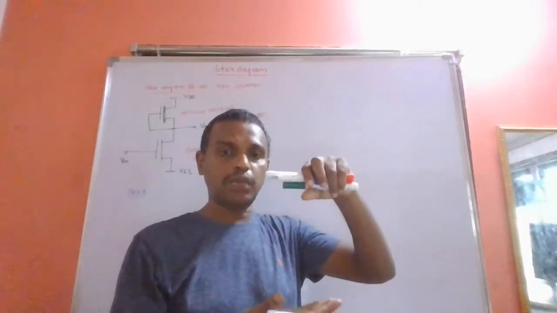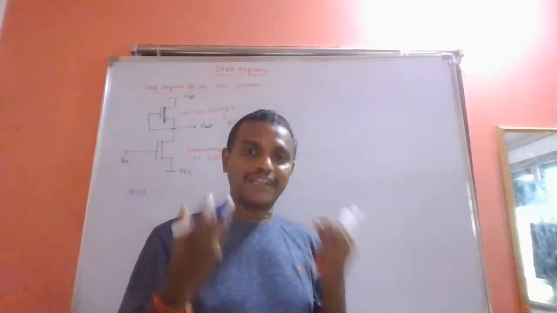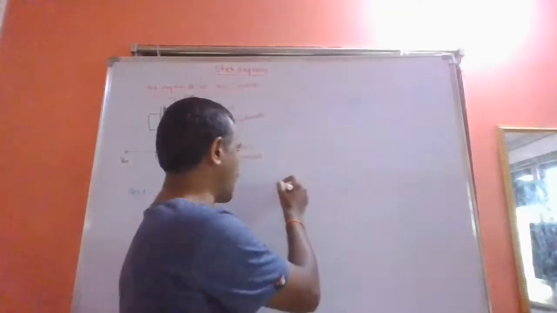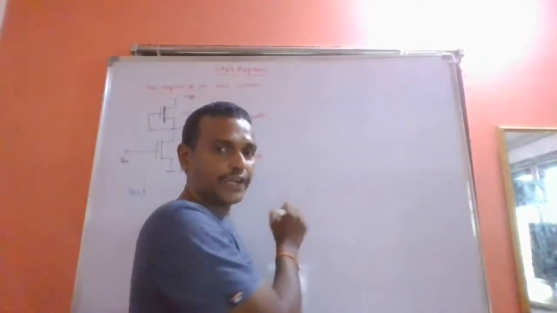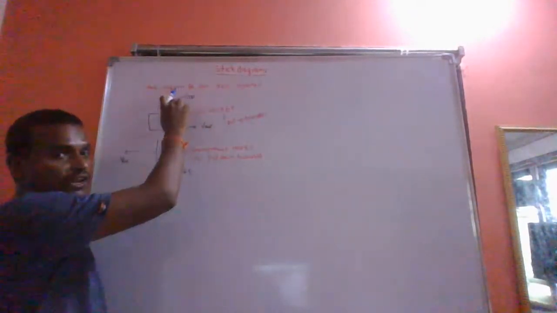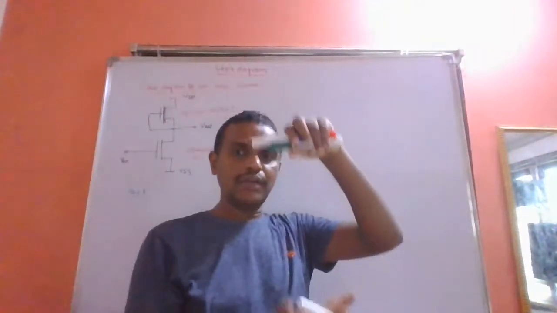Rails is nothing but these two parallel lines of a railway track. Similarly here in our VLSI, VDD and VSS are power rails, because both are connected in parallel.